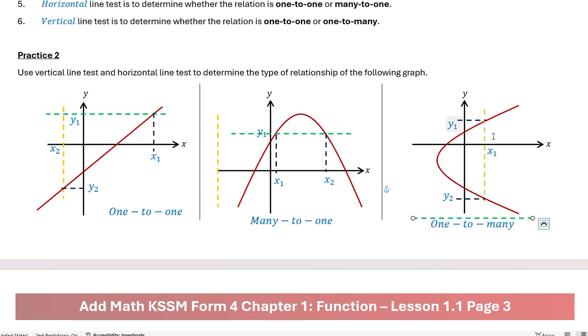If you write the coordinates, this will be x1, y1, and here x1, y2. So one object pointing to two images. So that's why this relation is one to many.